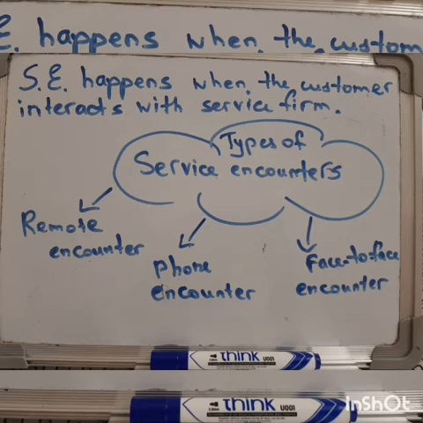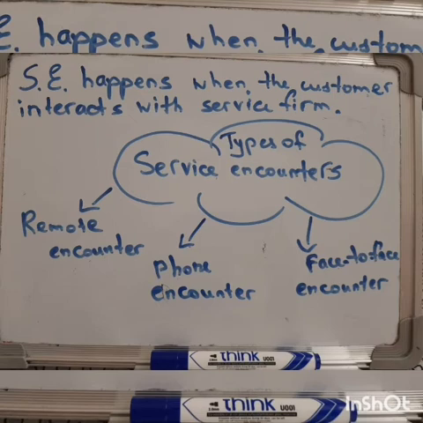Now let's discuss what service encounter is. Service encounter happens when the customer interacts with a service firm. This interaction can be done using different types of service encounters. This is remote encounter, phone encounter, and face-to-face encounter.